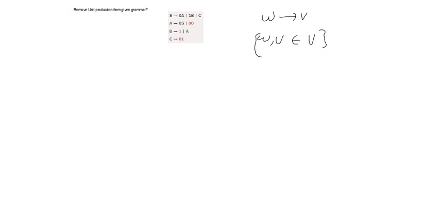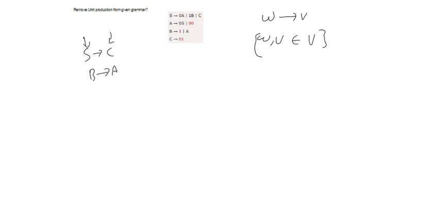So if the left hand side and right hand side each contain a single non-terminal, then that type of production is known as a unit production. In the given grammar, you can see here S implies C and B implies A. Both are unit productions because on the left hand side you have a non-terminal symbol, and on the right hand side again you have a non-terminal.